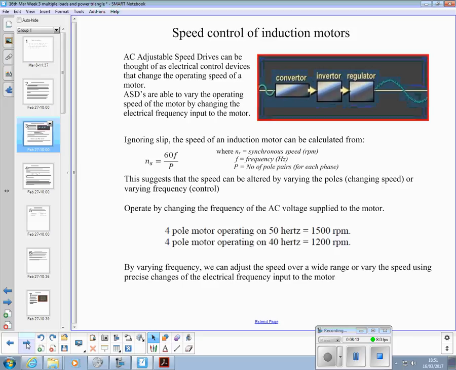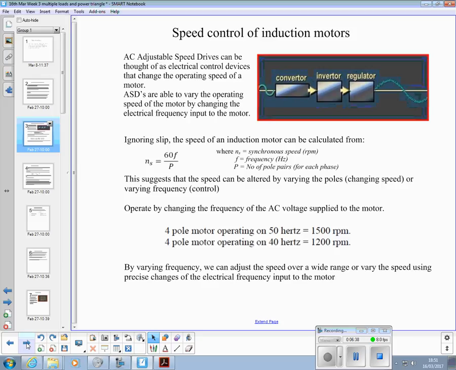Okay, so what it does in essence is it rectifies the main supply to DC. So inside there's a rectification circuit and some big capacitors to smooth it. Okay, and then it uses a microprocessor to recreate the sine waves, three-phase sine waves, synthesize them.